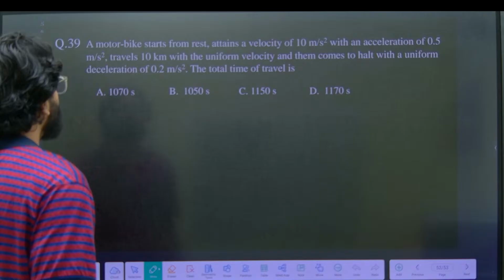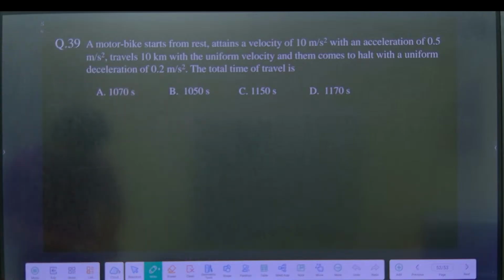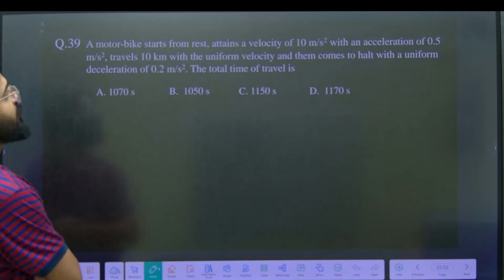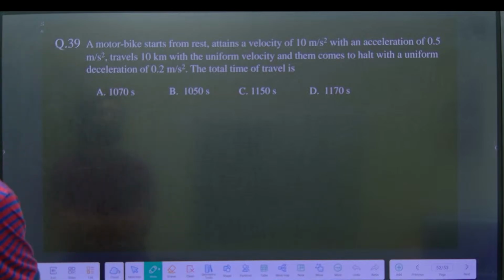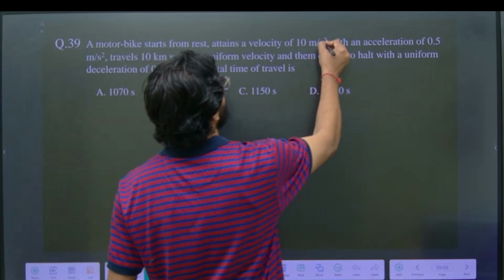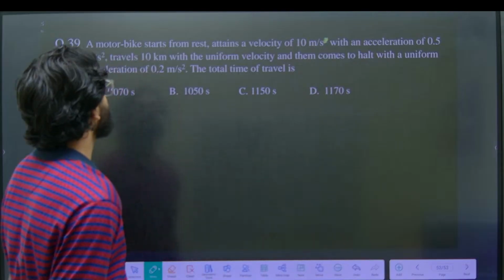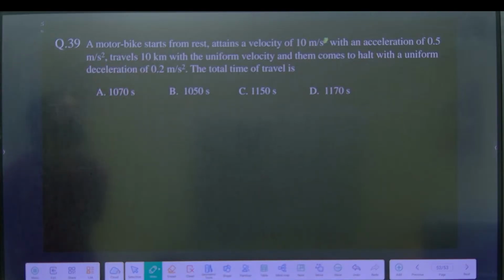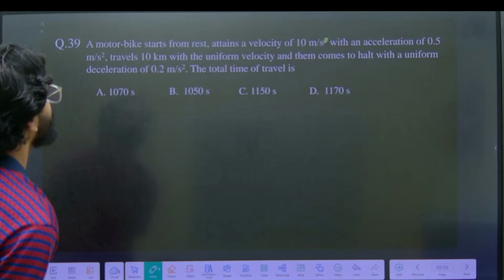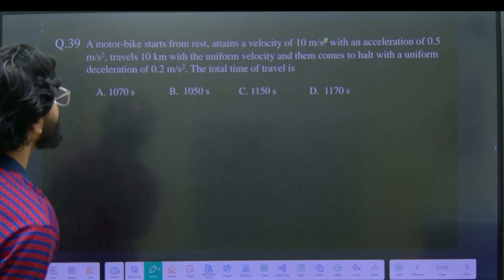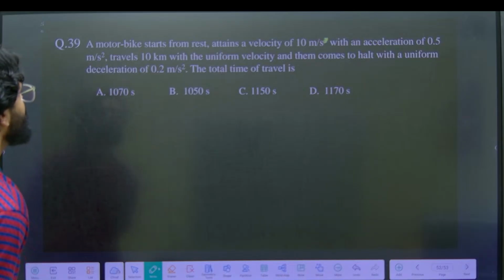A motorbike starts from rest, attains a velocity of 10 meters per second with an acceleration of 0.5 meters per second squared. This is exactly the same thing, guys, that we have done in a graph.